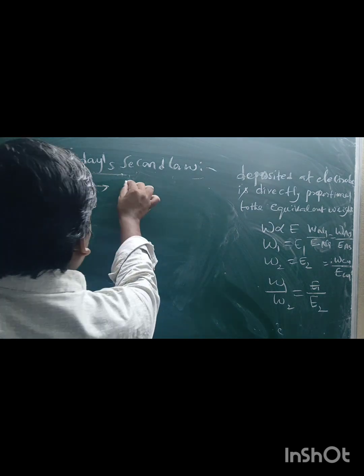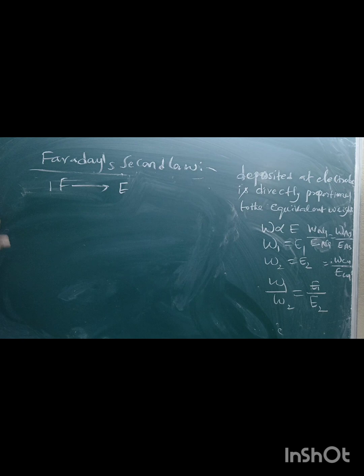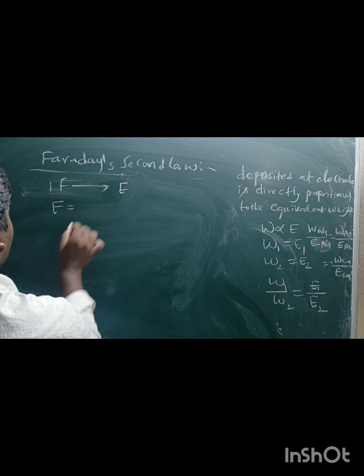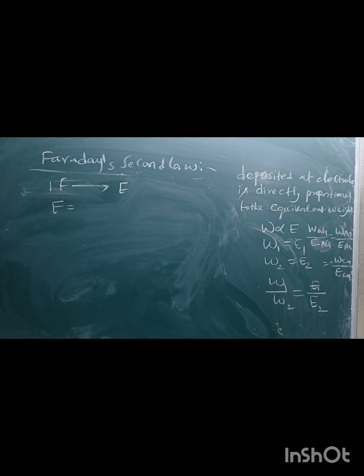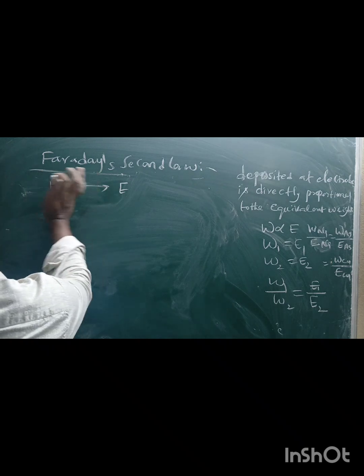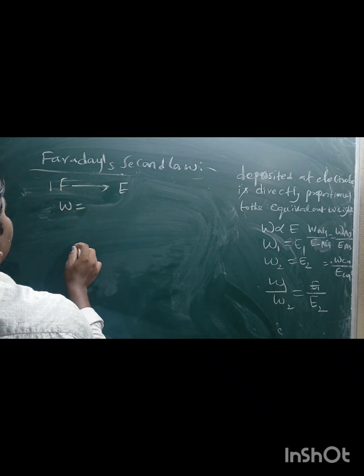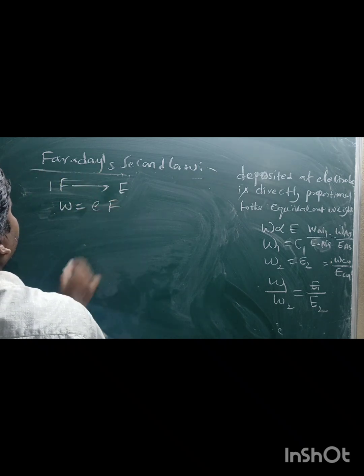One Faraday charge is equal to one equivalent weight. That is equal to E, where E means equivalent weight, gram equivalent weight. Or if you take weight, W is equal to E into F.